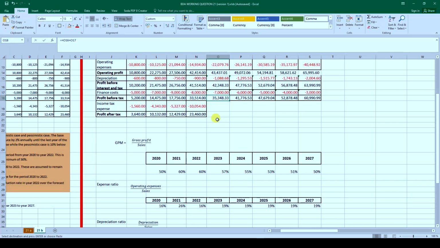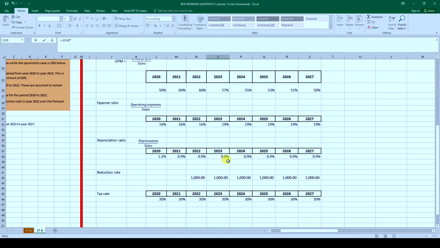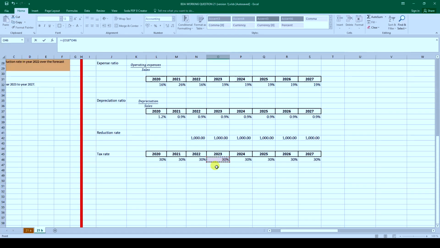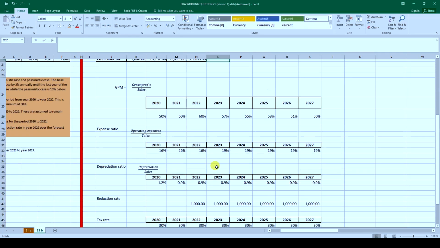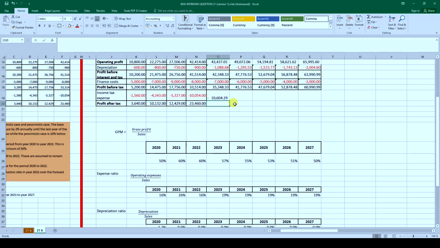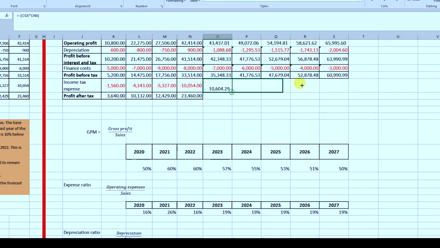So equals to minus, because we want it into a minus sign, open the brackets, that times this value here, down here, 30%. Close the bracket. We should be able to have negative sign there. So we drag it. Wait for it to have the plus sign. Sorry, just as, yeah, like that.